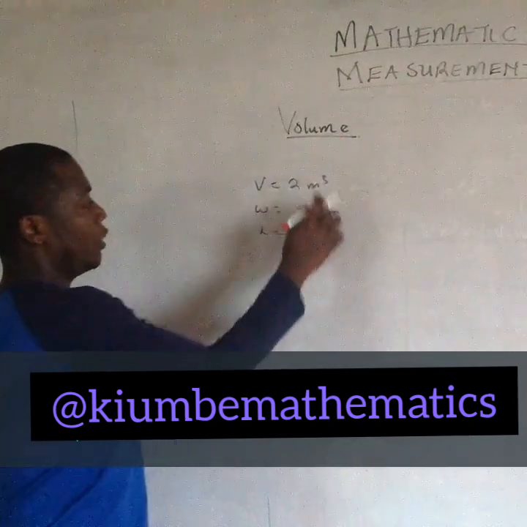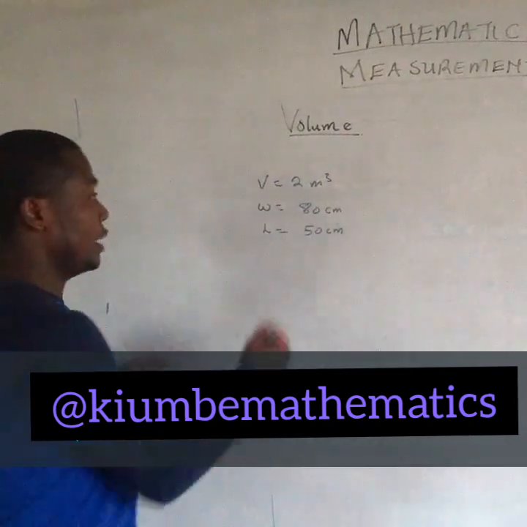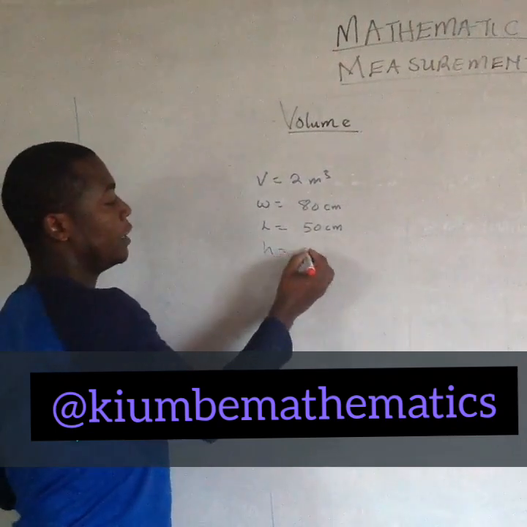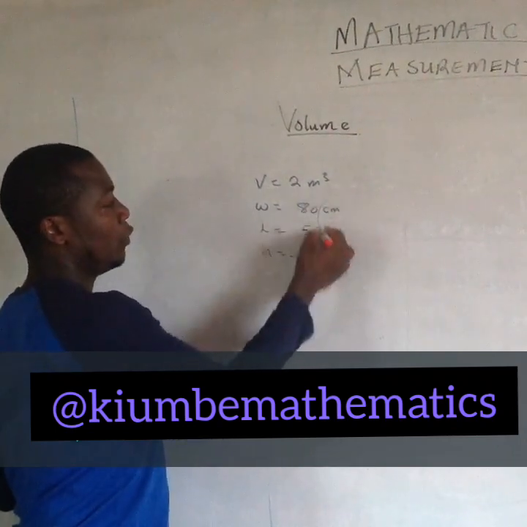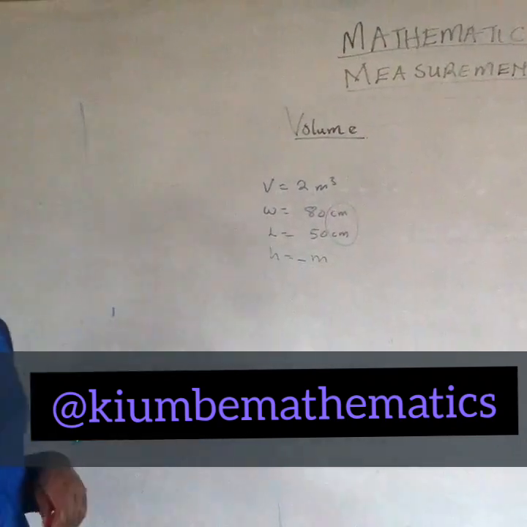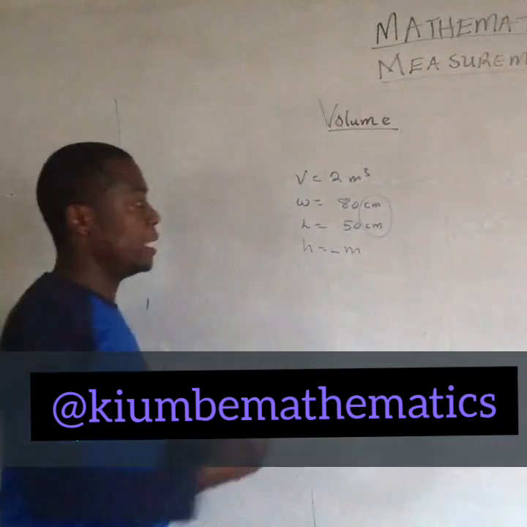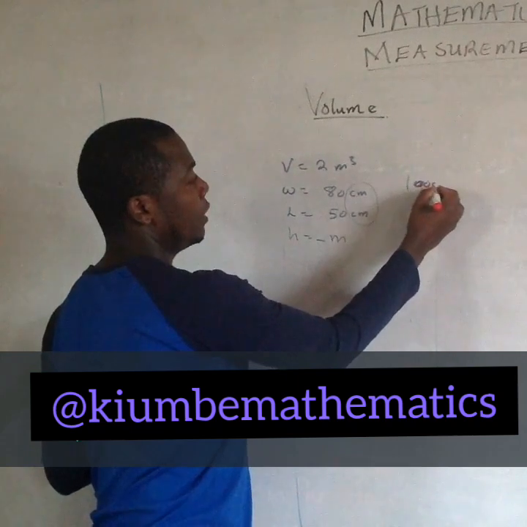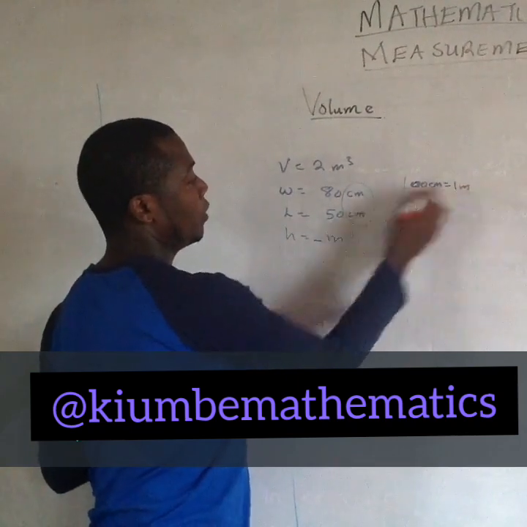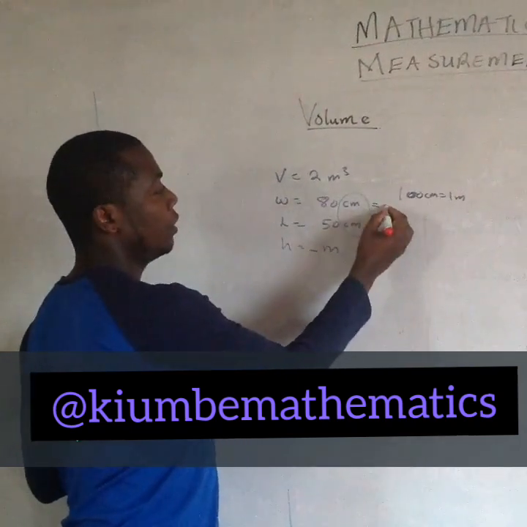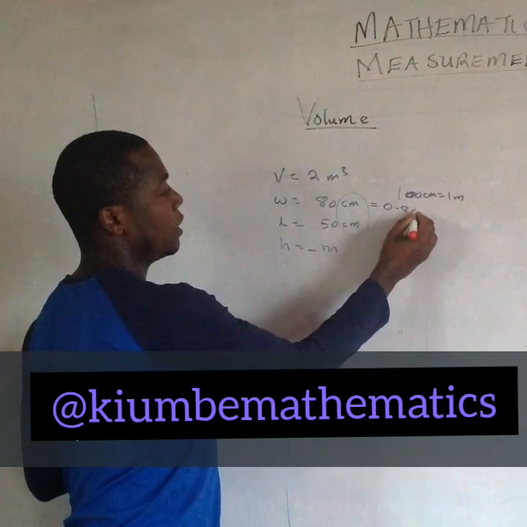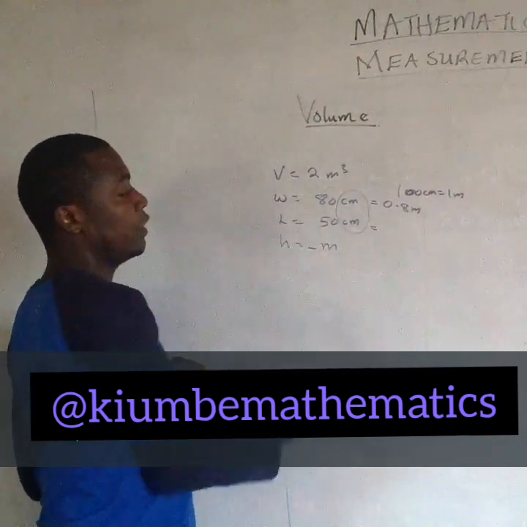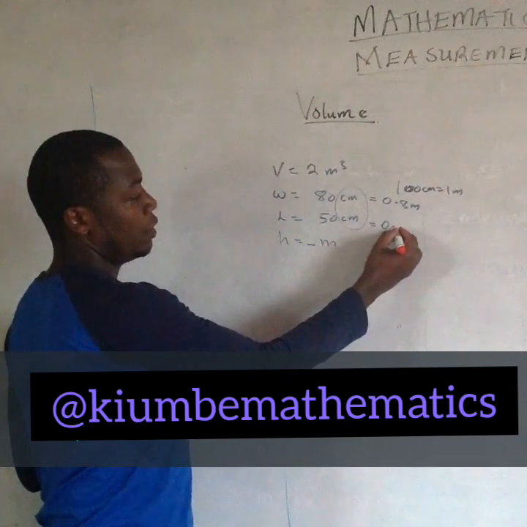Since the units are not the same and the question is asking us to find the height in meters, we shall convert the centimeters to meters, which means 100 centimeters is equal to 1 meter. So we shall divide by 100, we shall have 0.8 meters, and 50 divided by 100, we should have 0.5 meters.